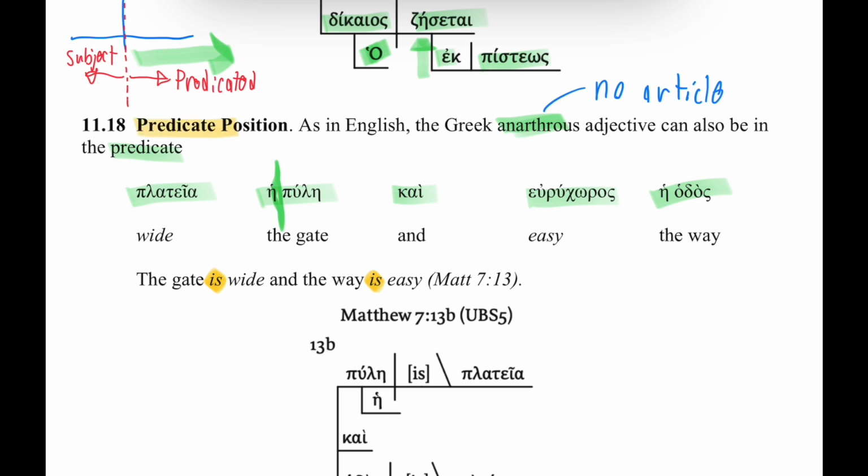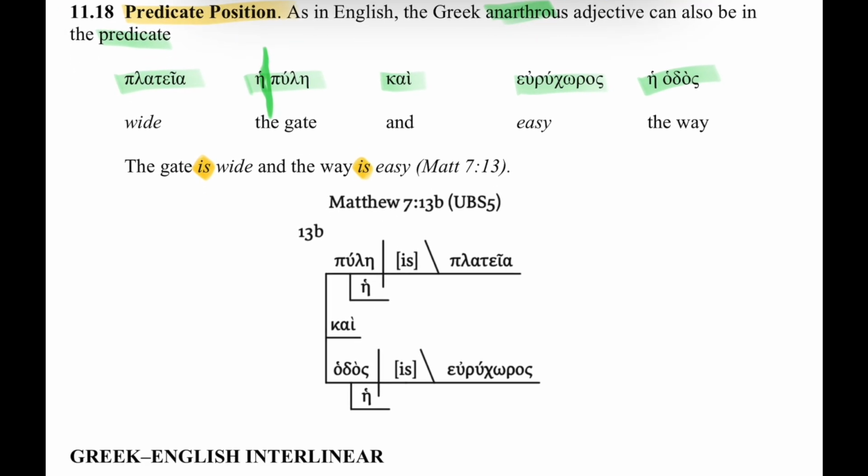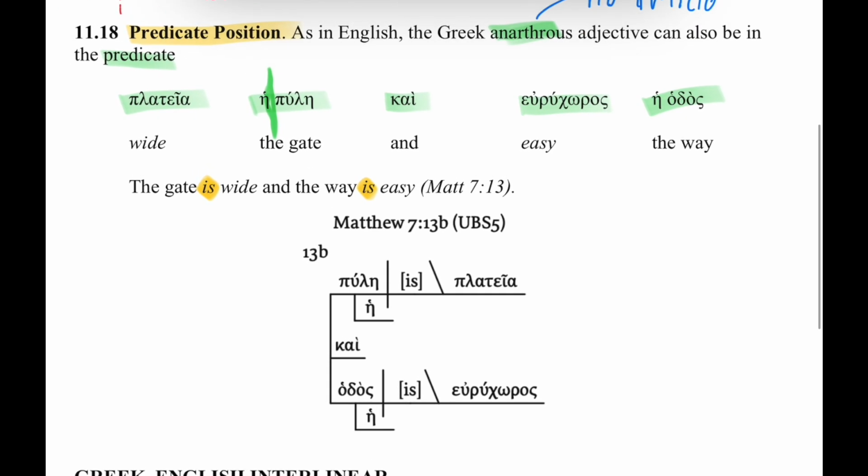Well, this is the predicate position. And when you're in the predicate position, the is is implied. So you don't actually have to have it in the translation. So what this would look like diagrammed is you have pule, he, functioning as the subject. You have an implied is, which when you're diagramming, I recommend putting it in English and brackets to make very clear this word is one I'm putting on the diagram.